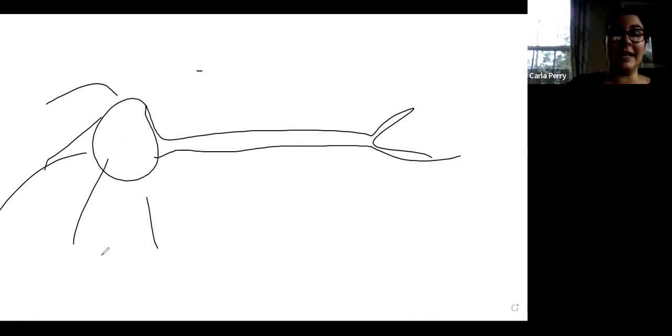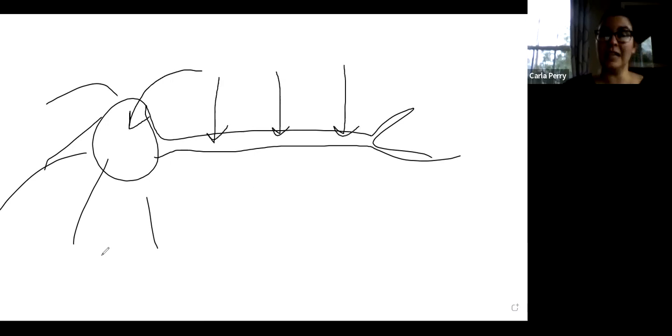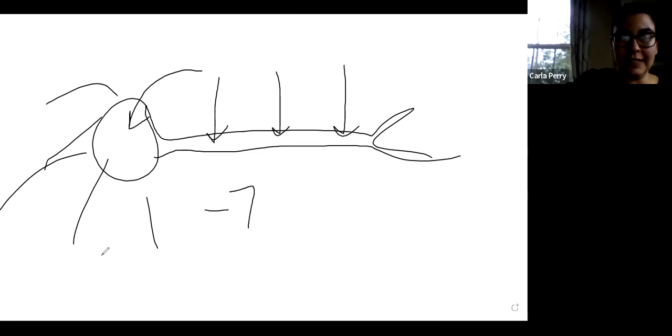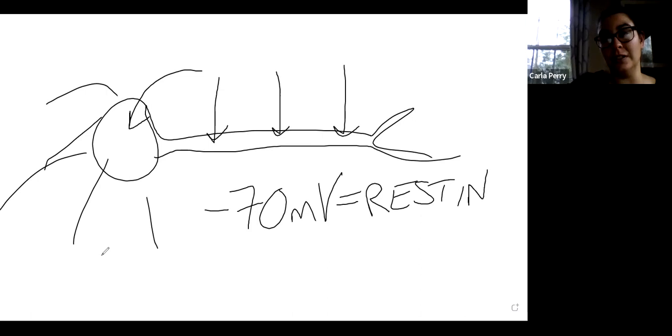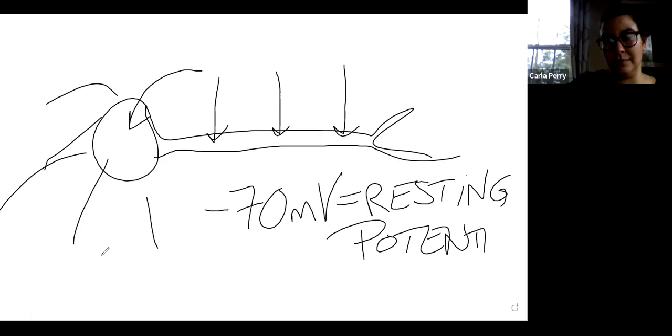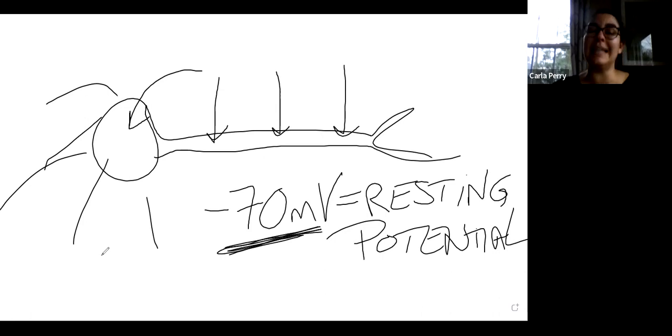If we were to go in and measure the inside of this cell and see what its voltage is, the inside of a neuron at rest is at negative 70 millivolts. This is what we call the resting potential of a neuron. So you have to remember this value here, negative 70 millivolts. Don't forget the units, don't forget the negative sign.